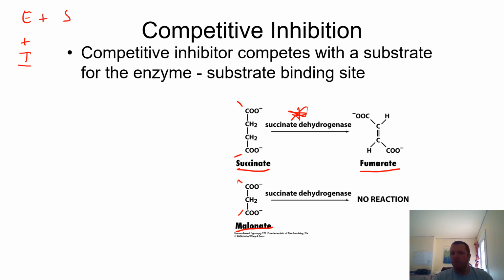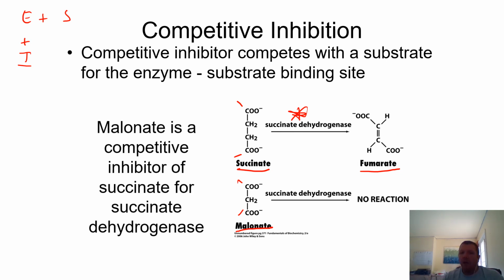However, malonate only has 3 carbons, while succinate has a grand total of 4 carbons. The difference is that malonate will inhibit the reaction from taking place. It will bind to the same binding site as succinate, but if malonate binds, no reaction takes place, compared to succinate, where a reaction would take place. So malonate is a good example of a competitive inhibitor for succinate dehydrogenase.